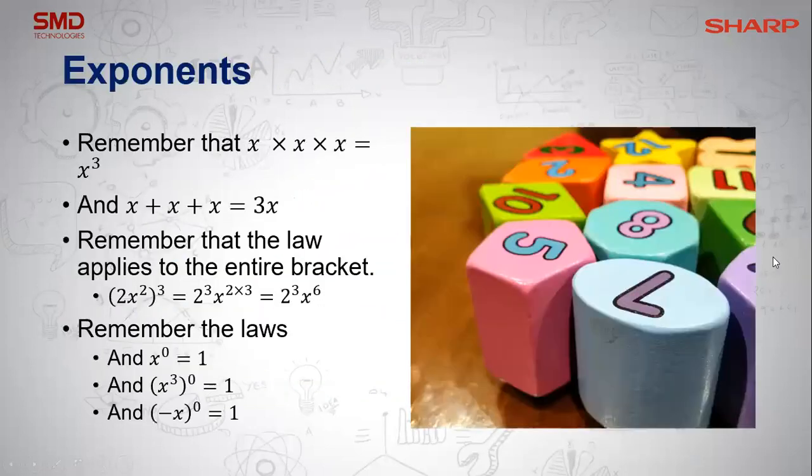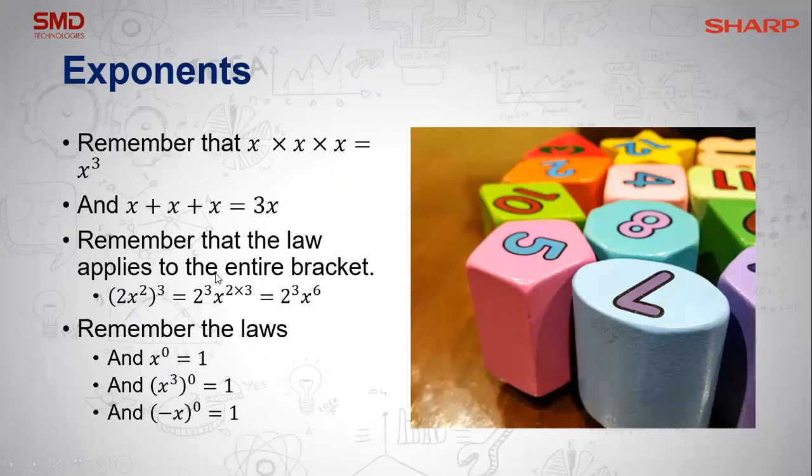All right, fantastic. Now, for exponents, remember that x times x times x is x to the power of 3, but x plus x plus x is 3x, okay? So in other words, this is a dimensionality question. One side times another side times another side is 3D, whereas 1 apple plus 1 apple plus 1 apple gives me 3 apples, or 3 lengths together.